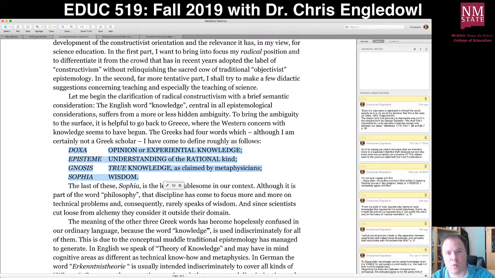Which one of these four realms of knowledge are we talking about whenever we say radical constructivism, or when we say constructivism, or even when we think about our own epistemological stance? It might differ across these four types of knowledge, which I think is what some of you were grappling with in your Discord discussions. Specifically in thinking about the difference between understanding of the rational kind, episteme, or this idea of gnosis, true knowledge as claimed by metaphysicians.